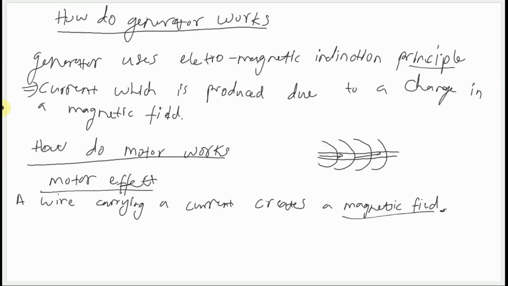So as a result, this magnetic field will interact with another magnetic field. Another magnetic field is the one that we have on our system.